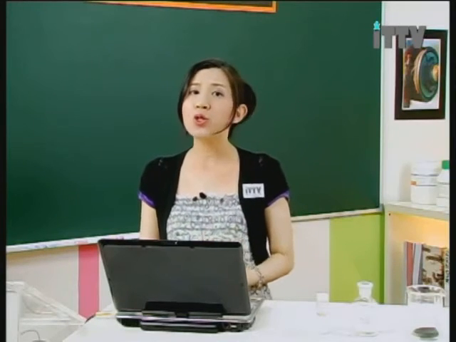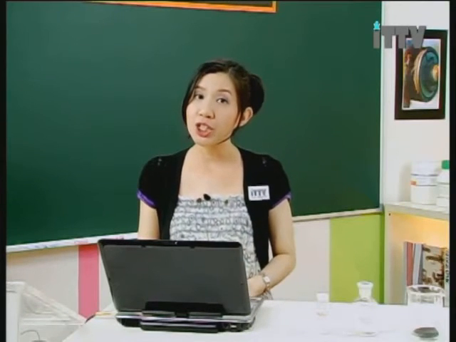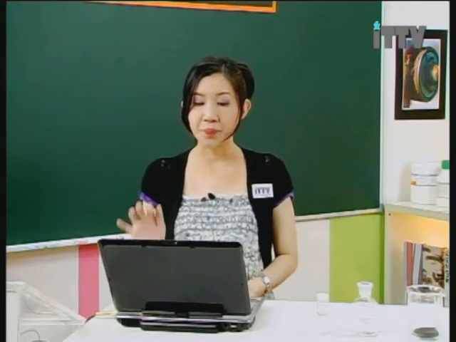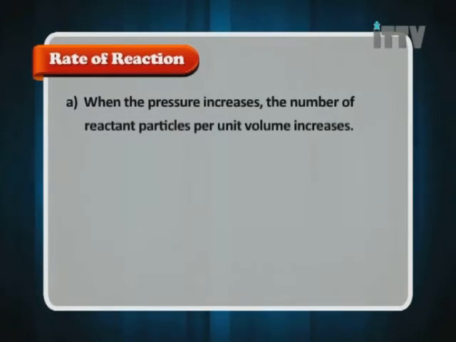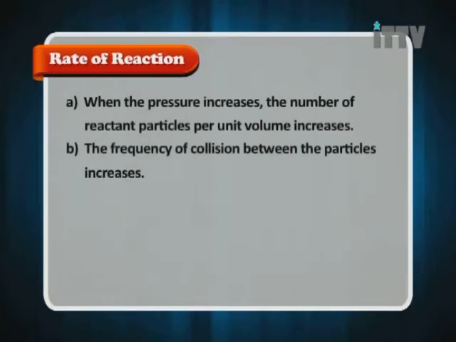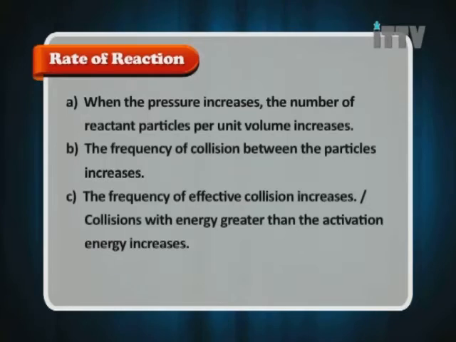So how do we use collision theory to explain the effects of pressure on the rate of reaction? If you look at the slide, when the pressure increases, the number of reactant particles per unit volume increases. So the frequency of collision between the particles increases, thereby the frequency of effective collision increases.